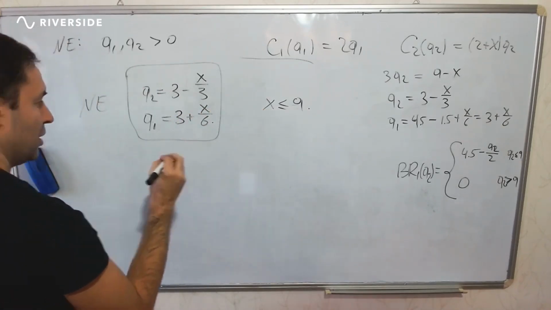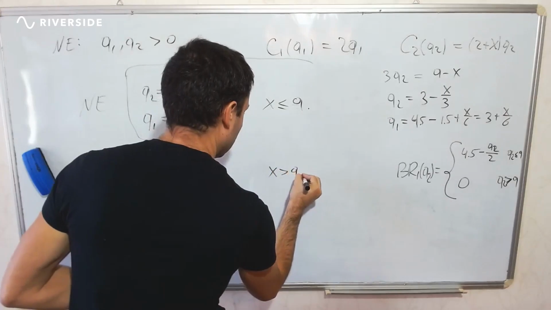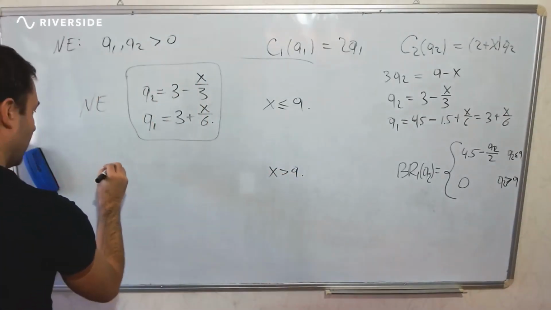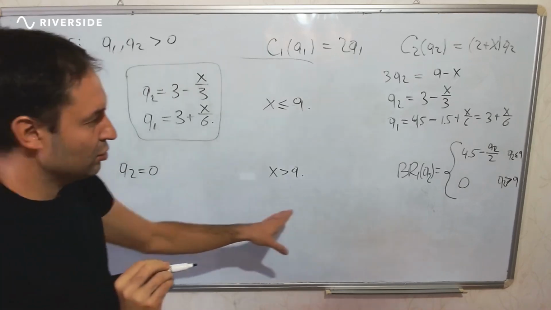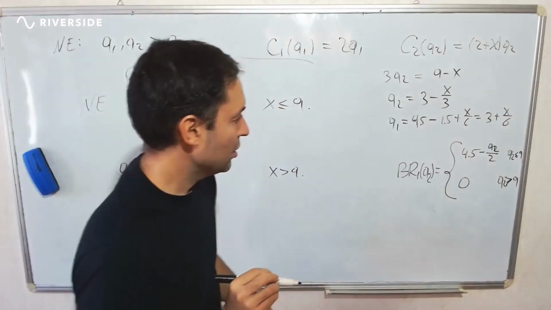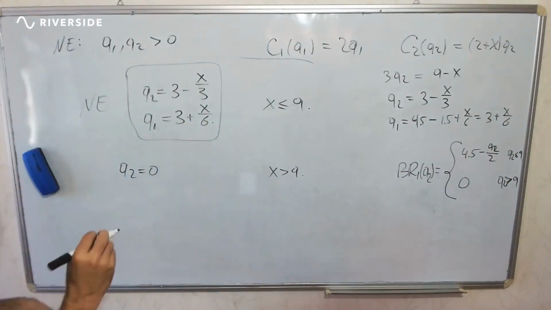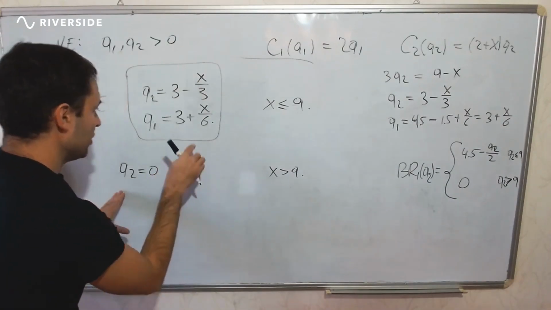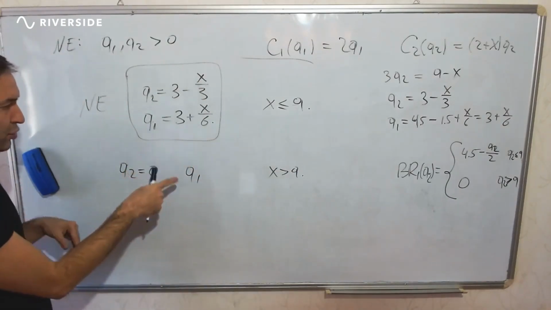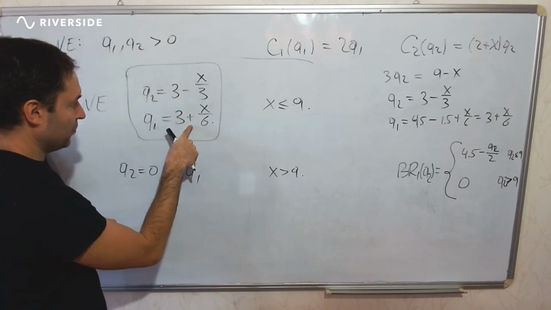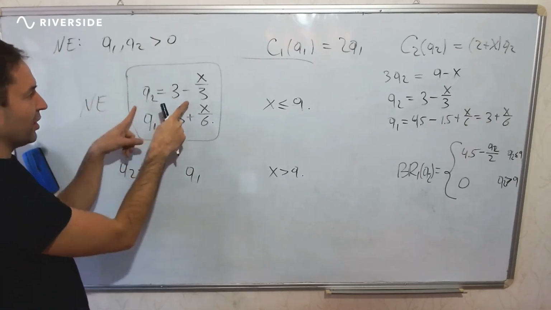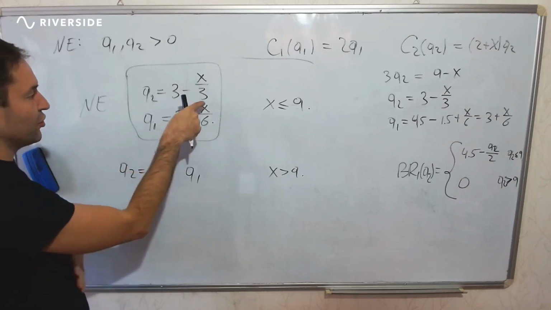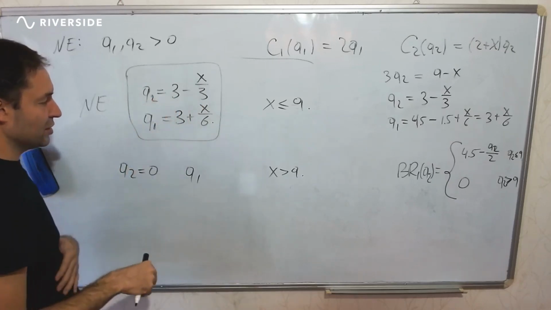For x more than 9, we will have Q2 being 0. Then we can use the best response of firm 1 to figure out what firm 1 will be producing. Notice that you cannot use this formula, because it only applies to the earlier case. It gives incorrect results when x gets large, such that this quantity turns into a negative number.